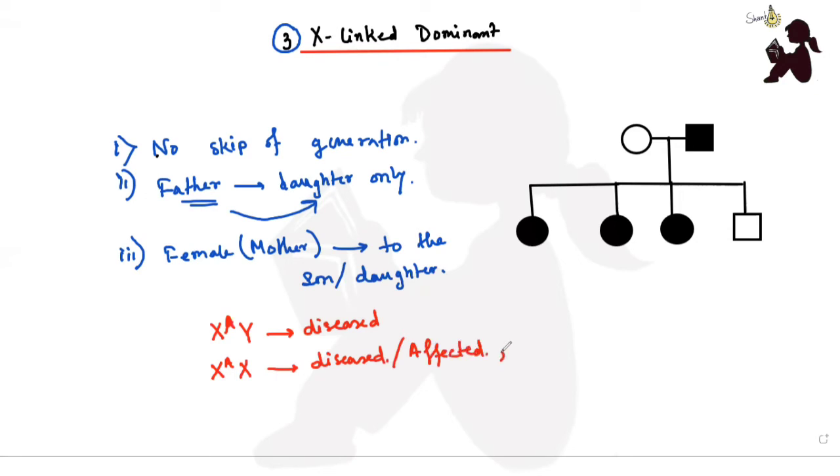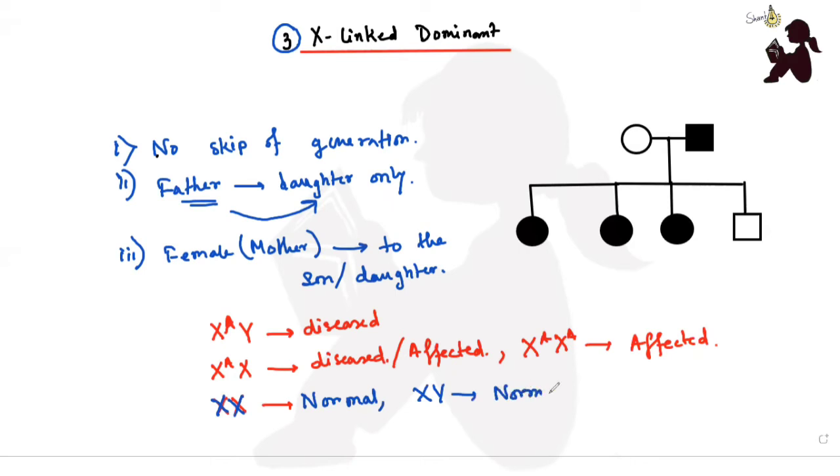Also, in the homozygous condition, when the genotype is XAXA, she will be affected. When the XA gene is absent, it will be normal. So, this condition signifies the normal individual, and this is also a normal individual.